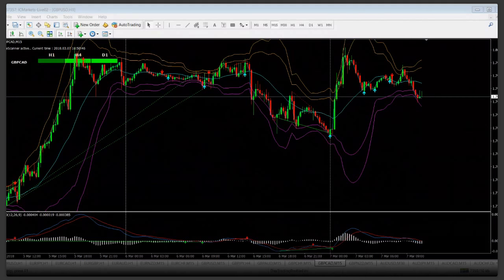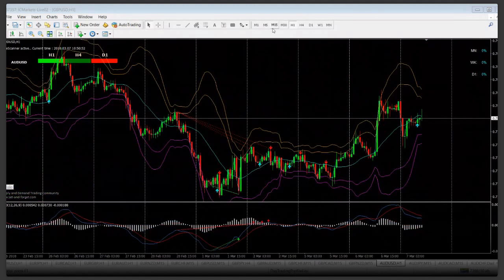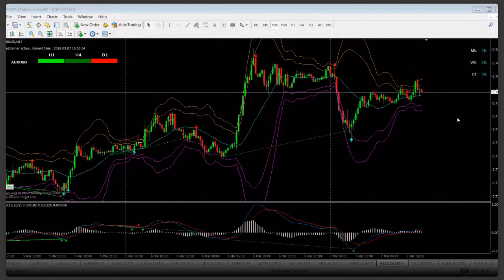Aussie USD sell signal, which went away already.